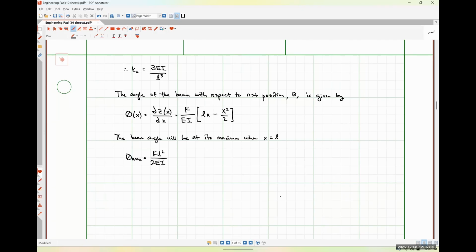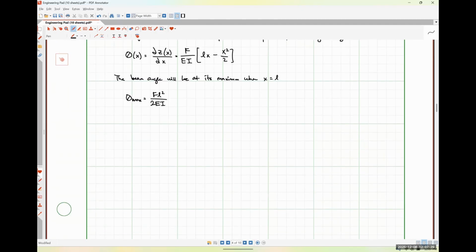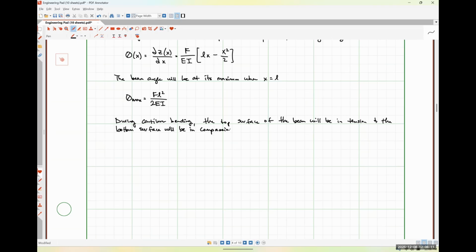More things here. During cantilever bending, the top surface of the beam will be in tension and the bottom surface will be in compression. So something akin to this.